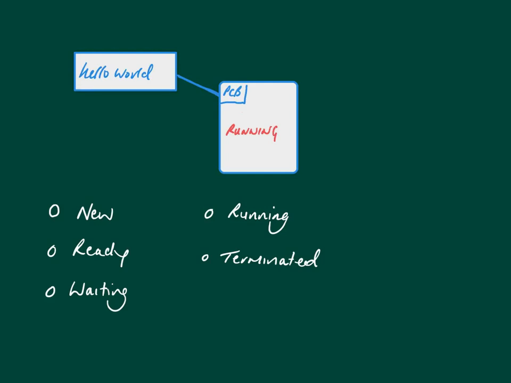Now, at some point, our Hello World might have to wait for another process to execute, and this happens with more complex programs. So if we're waiting for, say, a printer to finish outputting a page of A4 before the Hello World program can continue, the state changes from running to waiting.